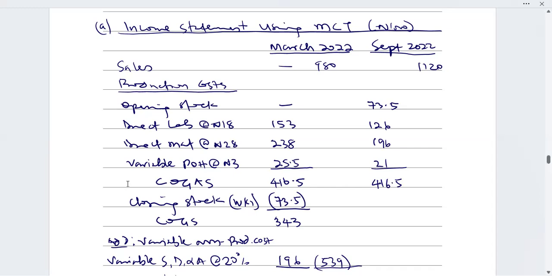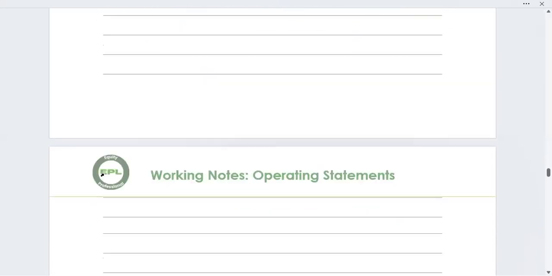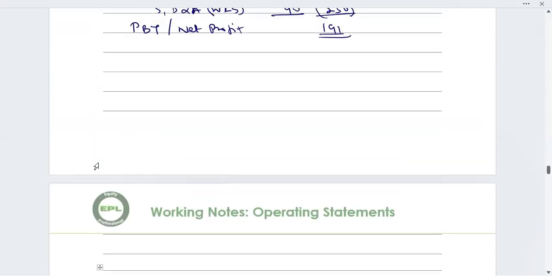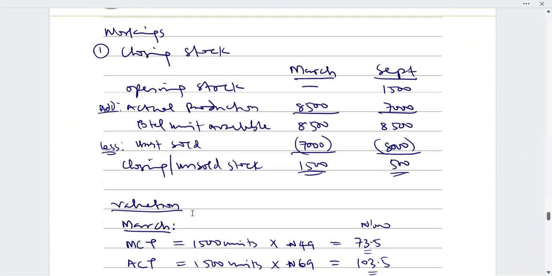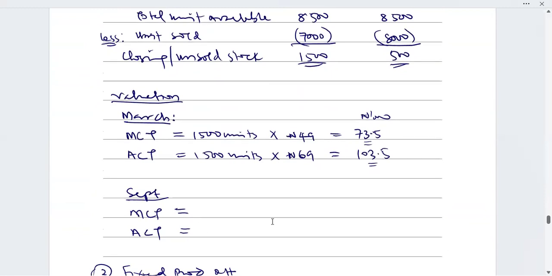So closing stock in September, I think we have calculated that. No, we have not. Okay, let's quickly do it. The closing stock in units in September was 500 units multiplied by 49 naira. 500 multiplied by 49 is 24,500, so 24.5.